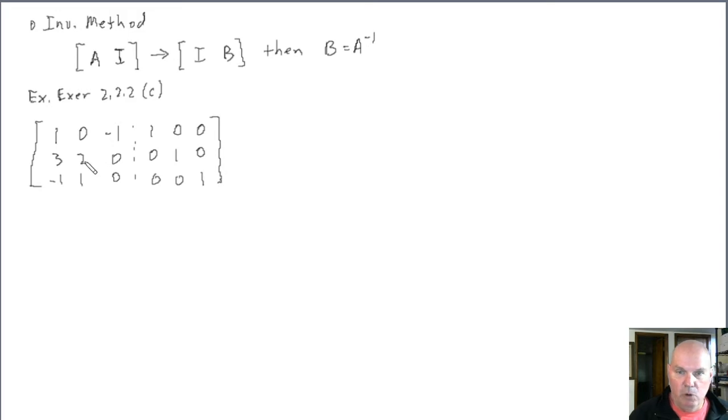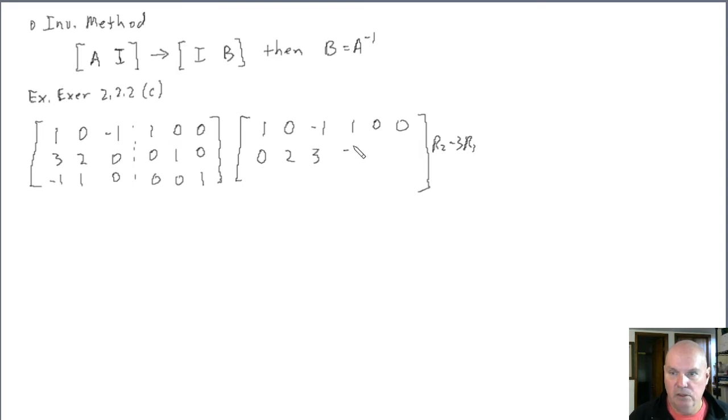Now I'm going to reduce by elementary row operations the left-hand portion of this augmented matrix to an identity matrix. Same technique. Let me keep the leading one here in the first row. If I take row 2 and subtract 3 times row 1, then I'll have a 0 here, 2 minus 0 is 2, and 0 minus 3 times minus 1 gives me a plus 3.